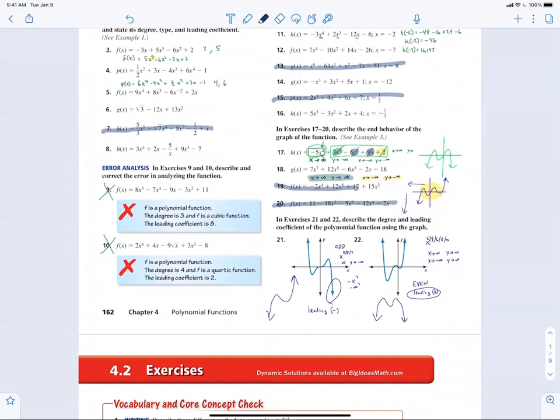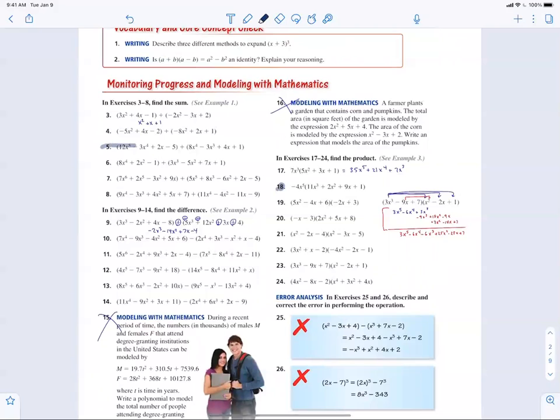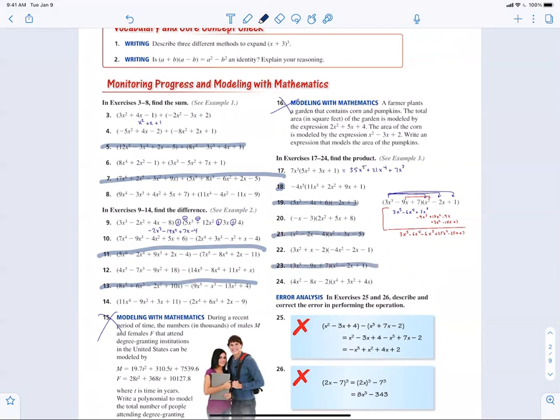Is everybody writing those down? Highlight them, please. 7, 13, 15, 19, 20. And then on the next lesson, let's do 5, 7, 11, 13, 19, 21, 23.